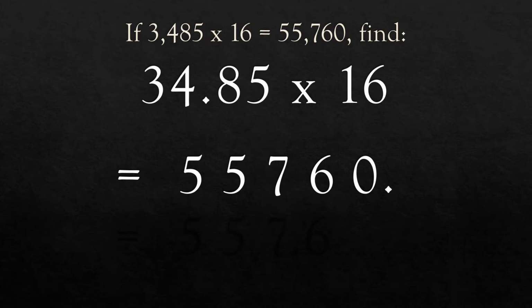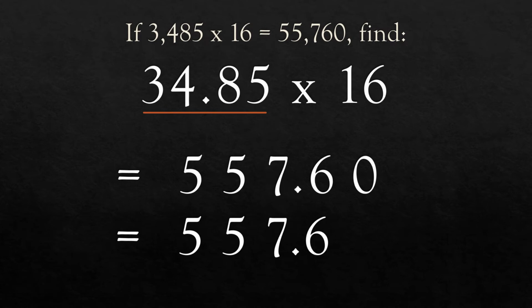Now tell me, how many digits after decimal in 34.85? Yes, 2. So count 2 digits from the right. 1, 2. And place decimal in the product. So the answer is 557.60. That is 557.6.